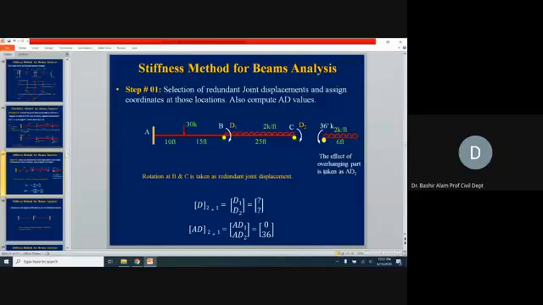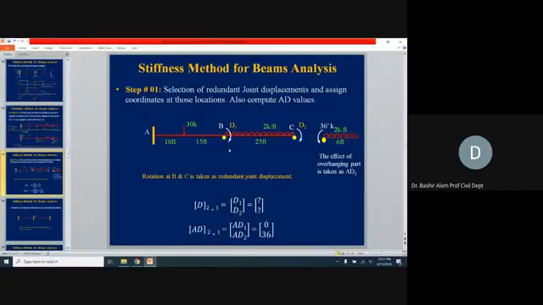So we will add this effect also. The effect of the overhang part is taken as follows: if we put this 36 on joint C, then MCB will become equal to 36 and it will be in the clockwise direction.